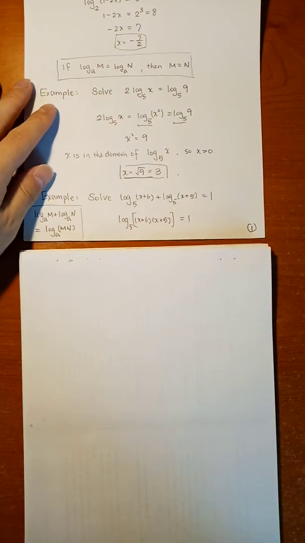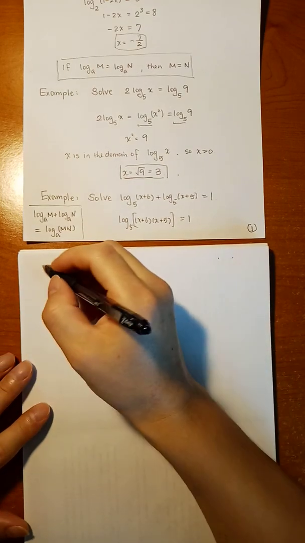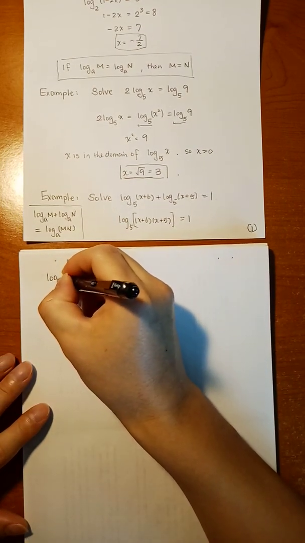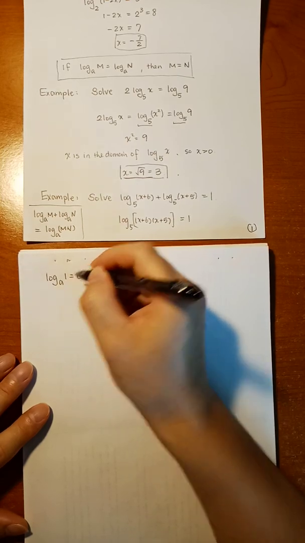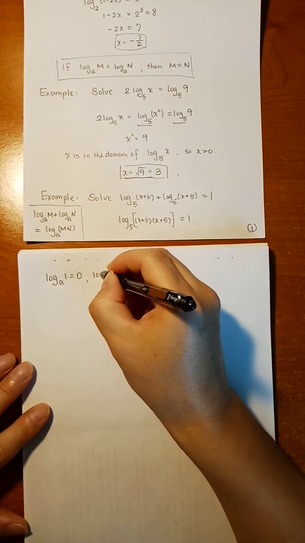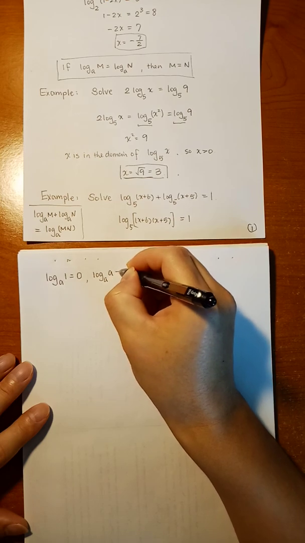Okay, and then remember we have two important evaluations. First, log a of 1 is always 0. The other one, log a of a is equal to 1.